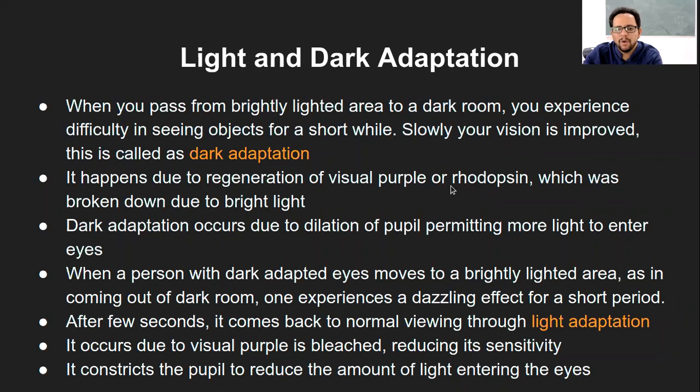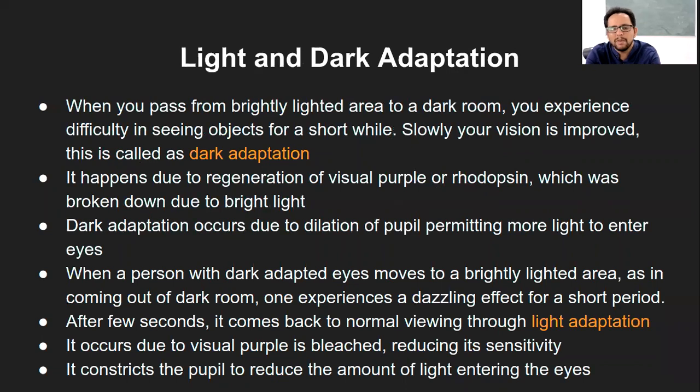If this pigment is broken, in the sense that some bonds are broken due to the intensity of the light, getting them back to their original structure, what we call regeneration of the pigment, will take a fraction of a second.